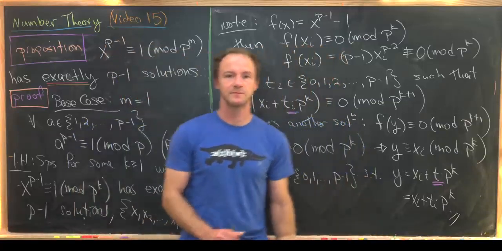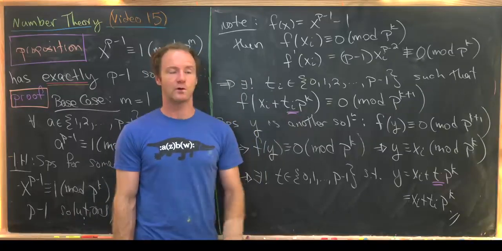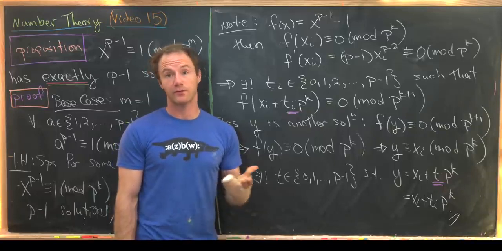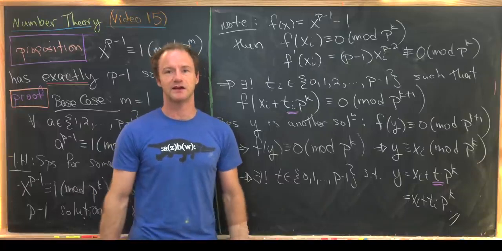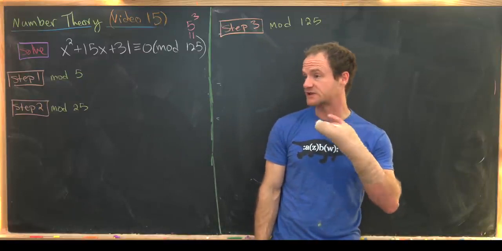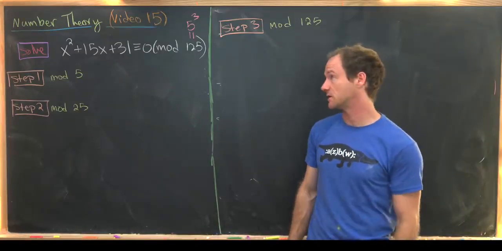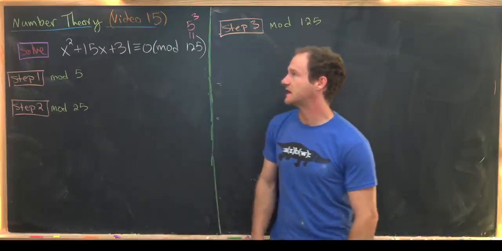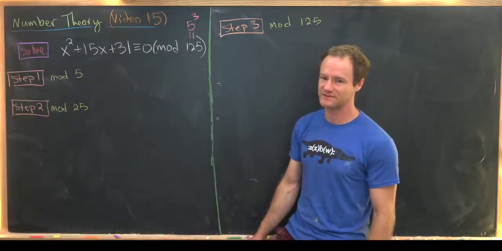Okay, so we're going to finish this thing off by looking at an example where we construct roots to a polynomial equation over a prime power setup using Hensel's lemma and the strategy outlined in the proof. Like I said before, we're going to finish this video off by constructing a solution to a polynomial congruence using Hensel's lemma. The polynomial congruence we'll look at is x squared plus 15x plus 31 is congruent to 0 mod 125.